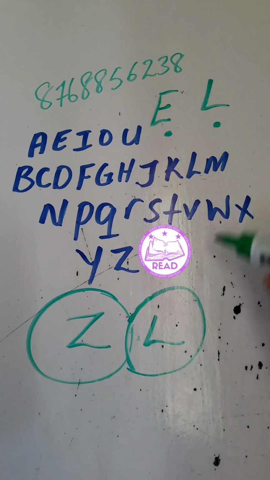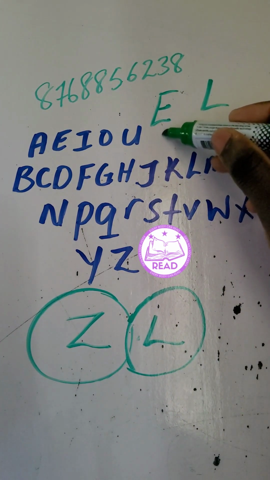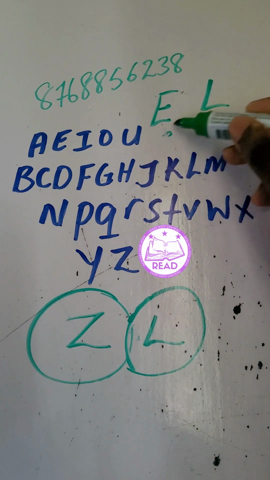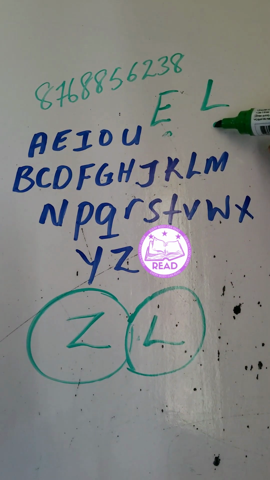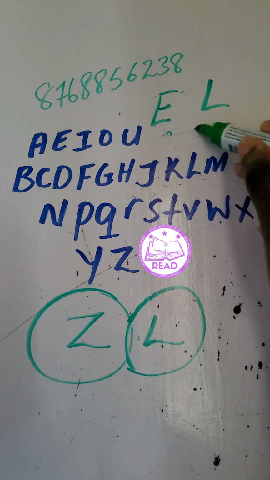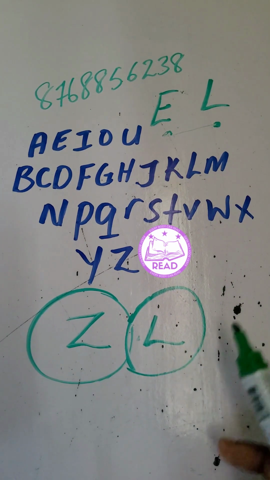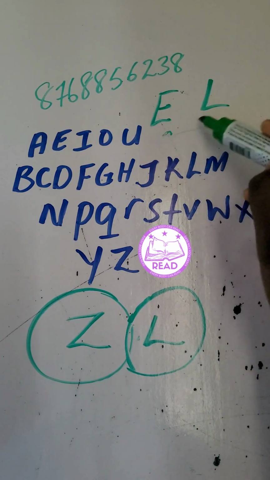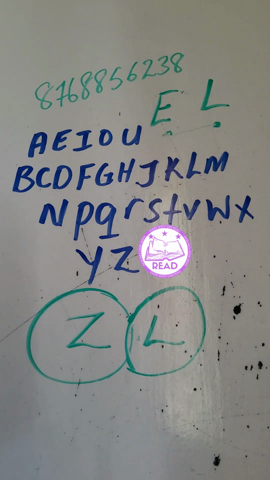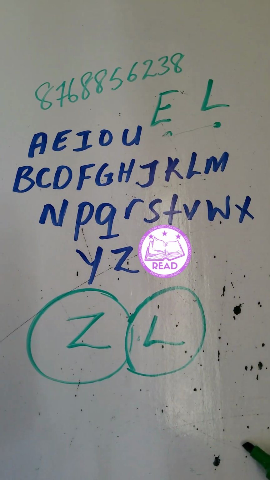So the name L, the first thing you hear when you say L is that sound, and then you're hearing the sound L, which gives you L. So every single time you call the name of this, you're making sounds. These are speech sounds that you talk with every single day. There's not a day that passes where you don't use these two sounds. Once you can talk, you're using them.